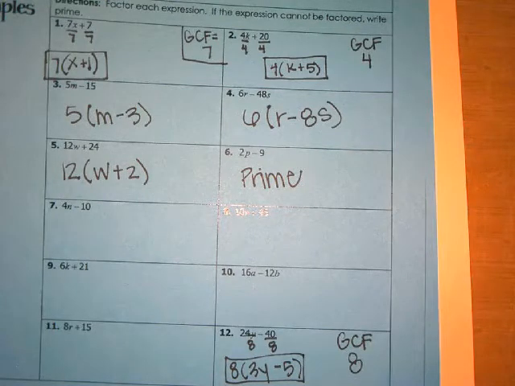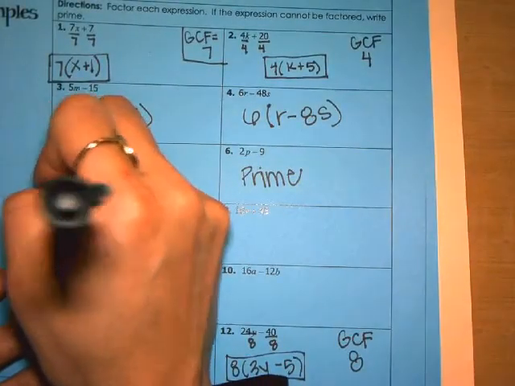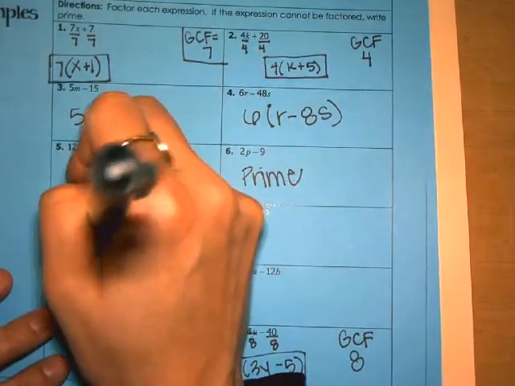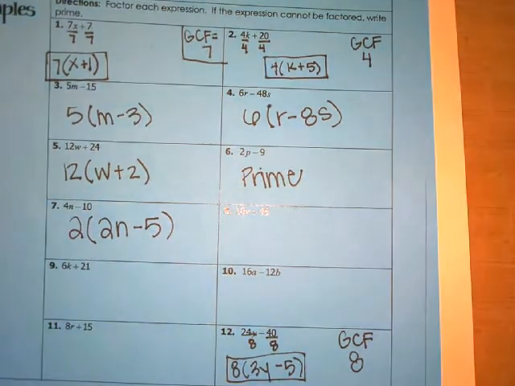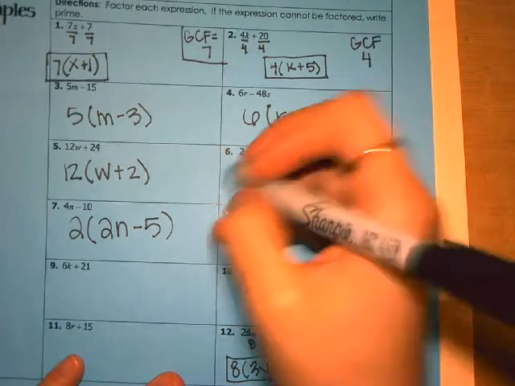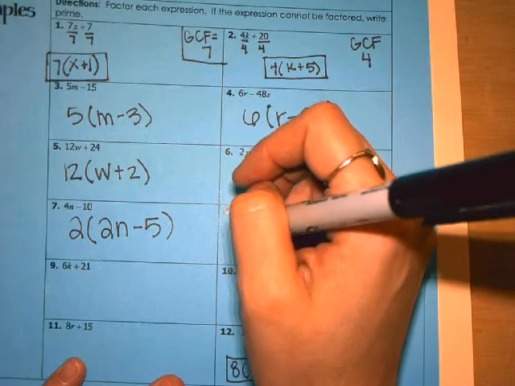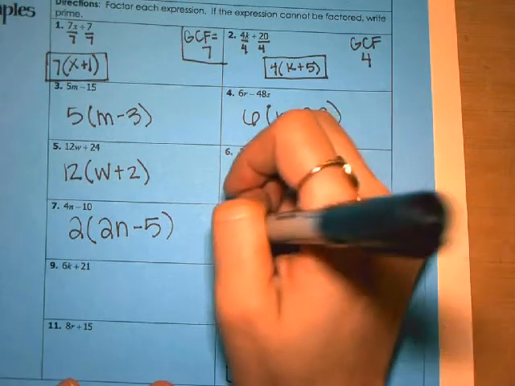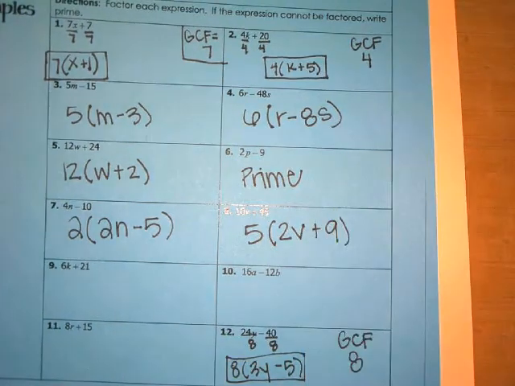What's 7? 7 is 2, and then inside the parentheses 2n minus 5. Very good. What's number 8? 5, and then in parentheses 2b plus 9. Very good.